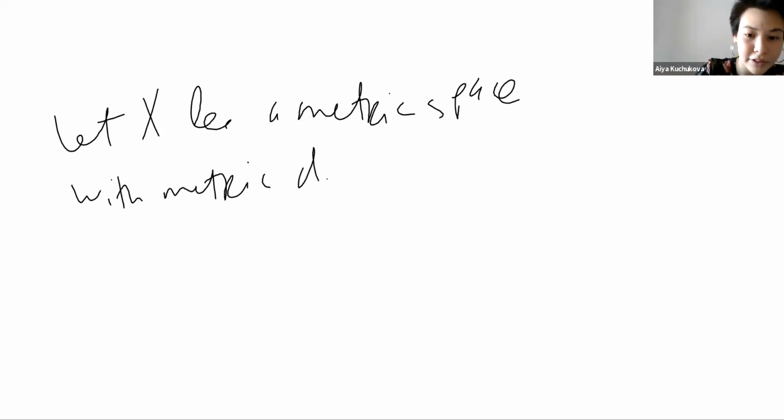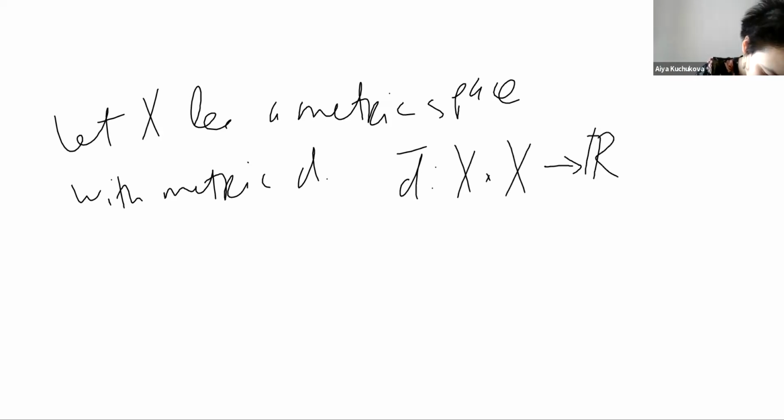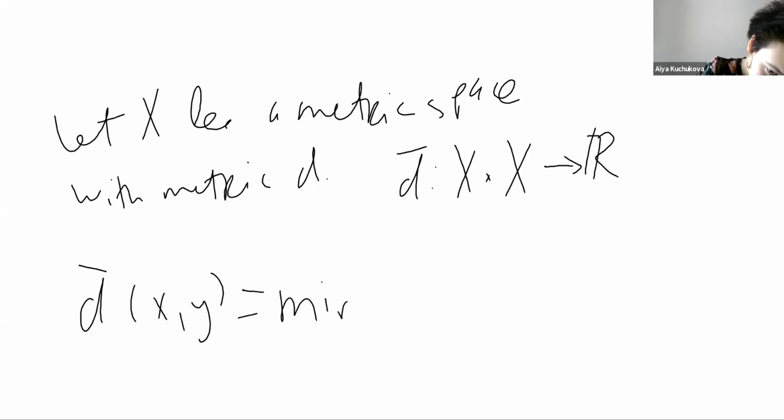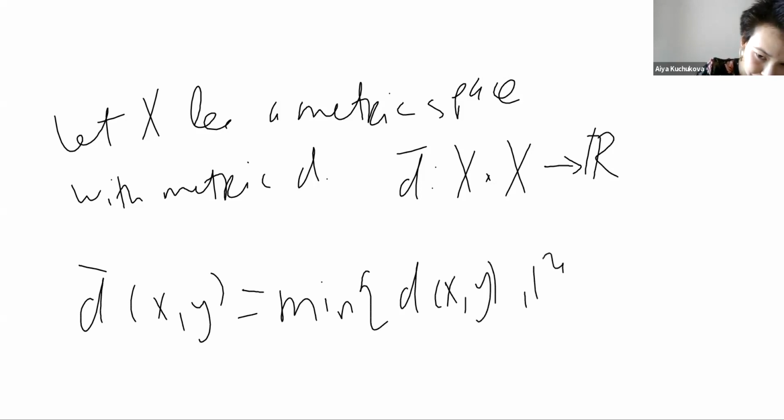We define d bar as a function from X times X into R by d bar(x,y) equals the minimum of d(x,y) and 1. So if the distance between two points is less than 1, we just take it as it is. And if it's bigger than 1, we make it 1. So whenever two points were infinitely far away from each other, we make it 1.